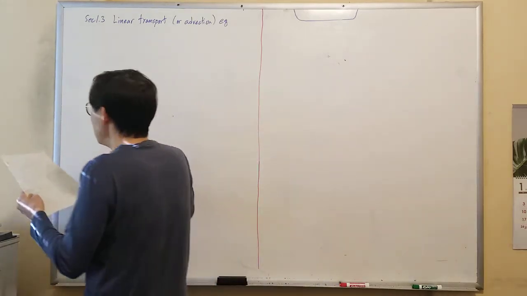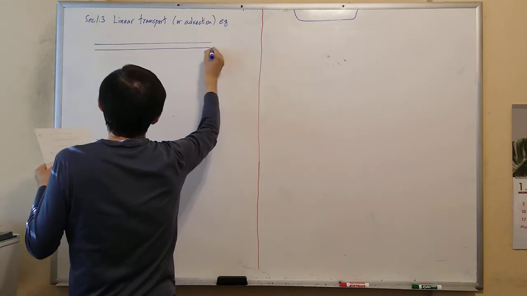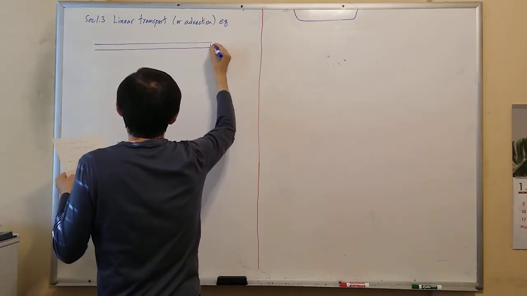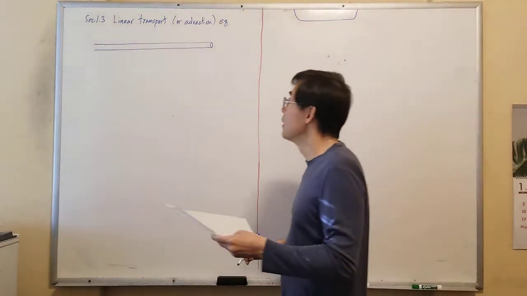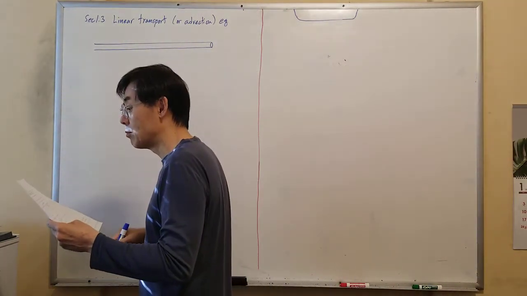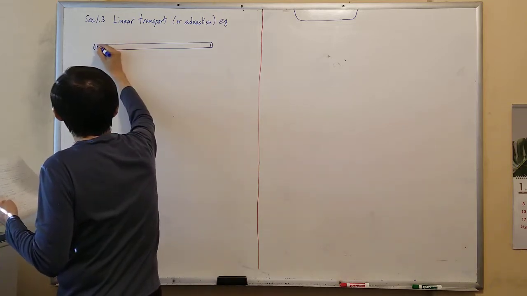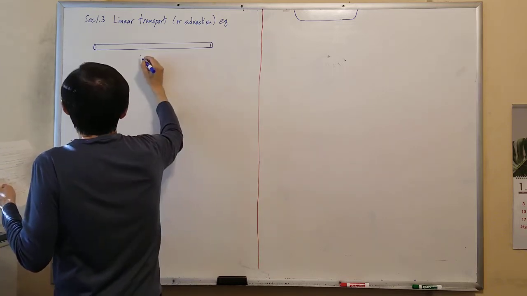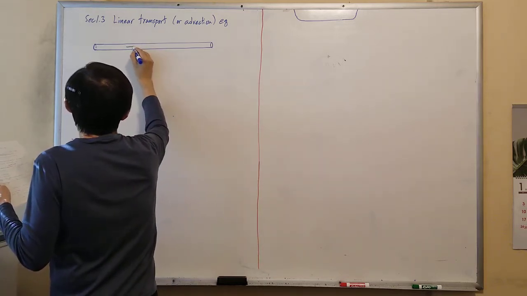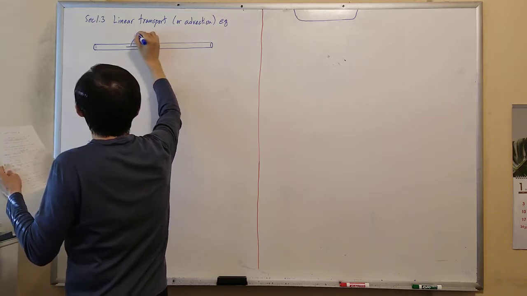So this is about the linear, one-dimensional case. Let's say you have a flow of either liquid or gas, probably a gas, through a thin pipe. Then the gas is moving with a certain velocity.